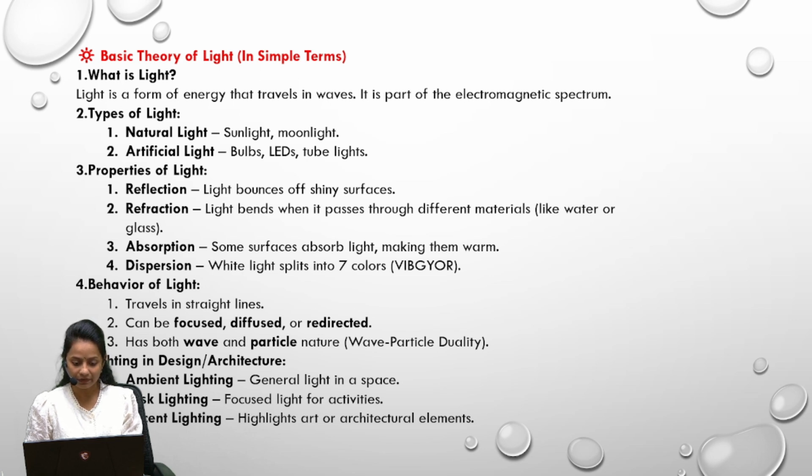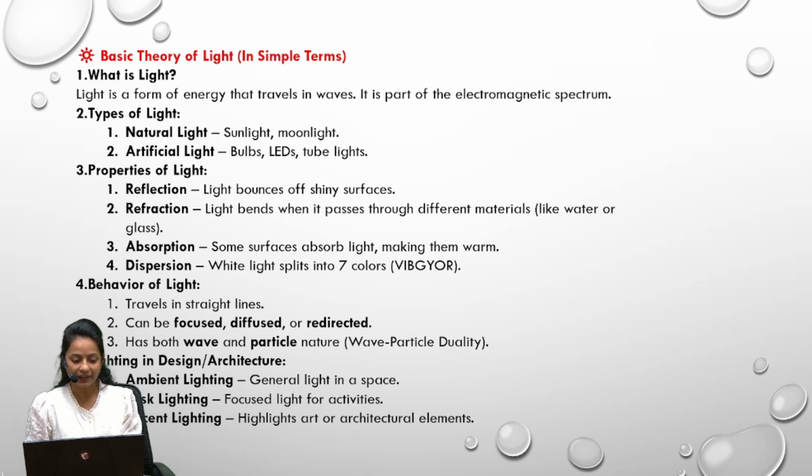Once we place the lights, we have to play with the reflection, refraction, intensity, absorption, dispersion and so on. Reflection means when light bounces off shiny surfaces. Whenever we are working with metal, glass or different kinds of shiny materials, we get a reflection when light bounces over it.